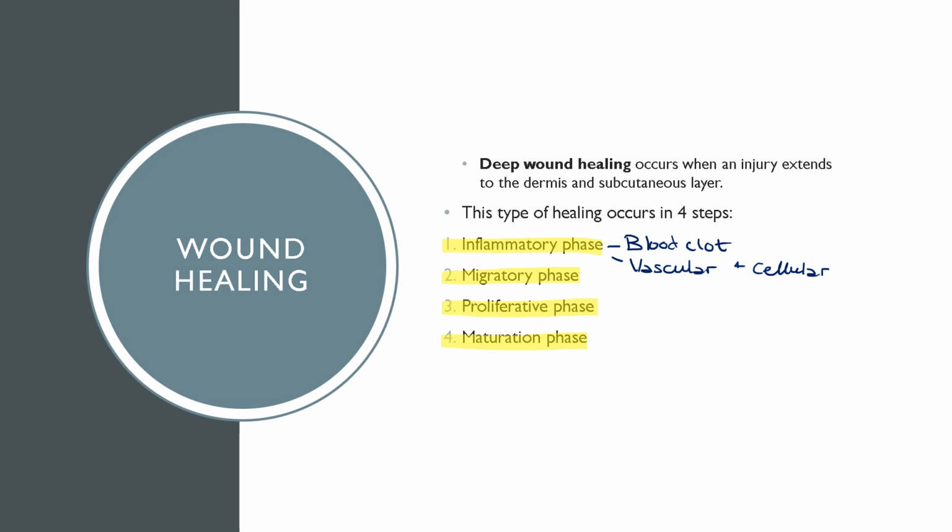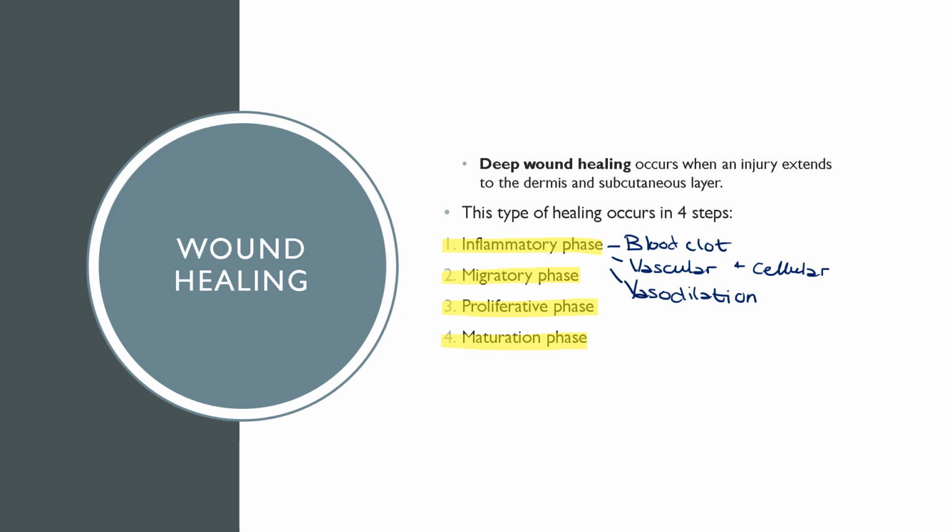In this phase, we're going to get a lot of vasodilation. And this will also increase the permeability of blood vessels that are associated with inflammation, which is really going to enhance the delivery of helpful cells.